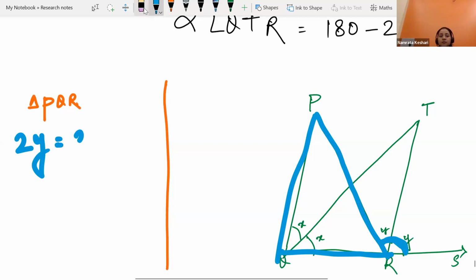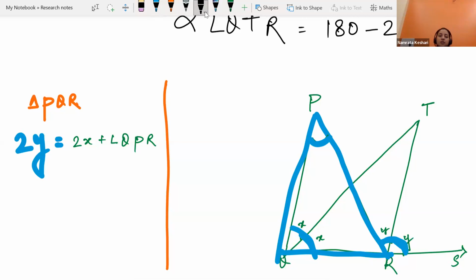Can we? Yes, ma'am. So we can say it is 2x plus angle QPR. This angle P is just the sum of this angle and this angle. Are you getting it, everyone? Yes, ma'am.